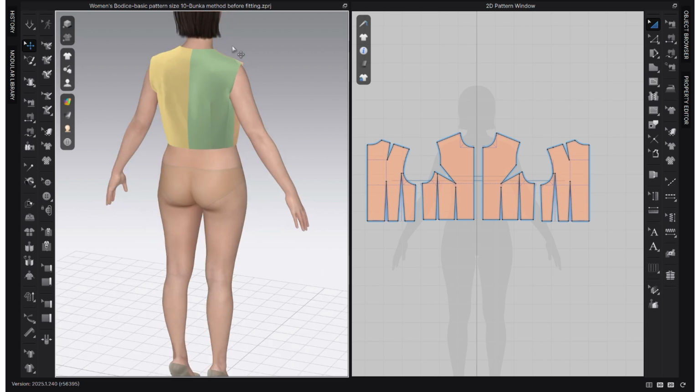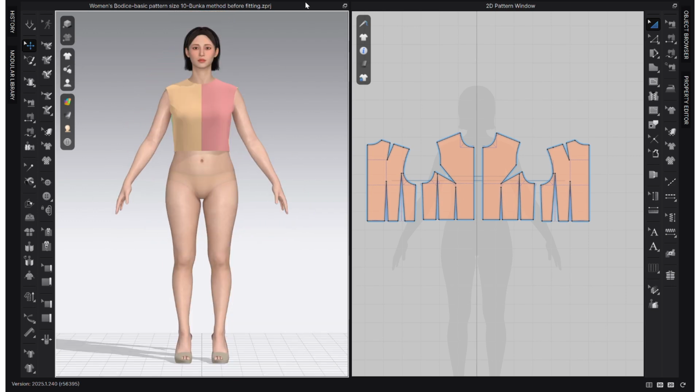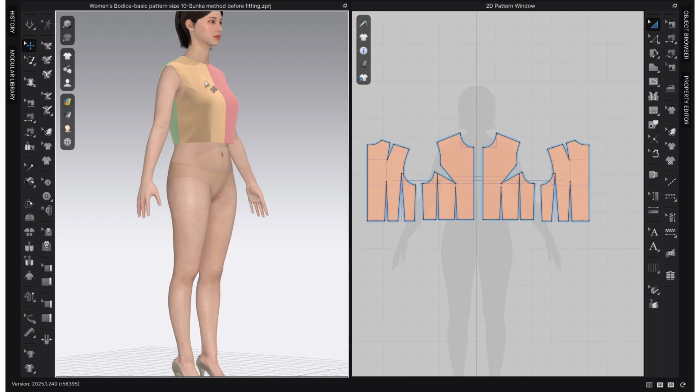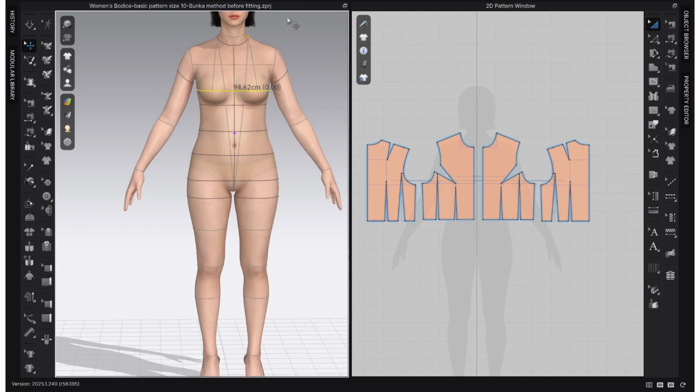We also see some excess fabric on the shoulder. So what I'm going to do is show you how to create a basic pattern for size 10 based on the Bunka method, and then we'll fix some fit issues we see based on Bunka's recommendation.